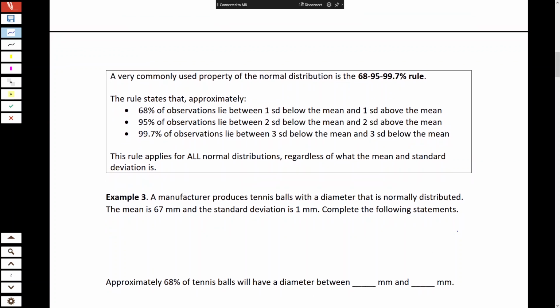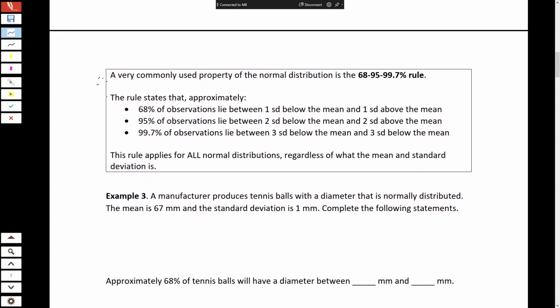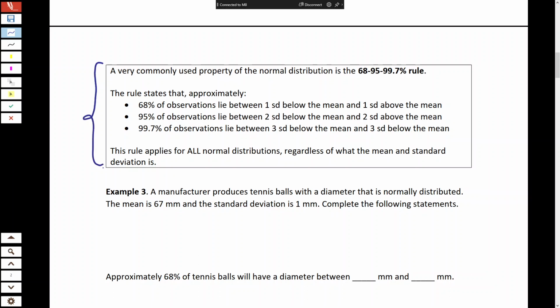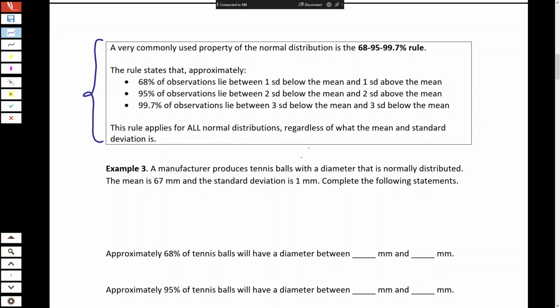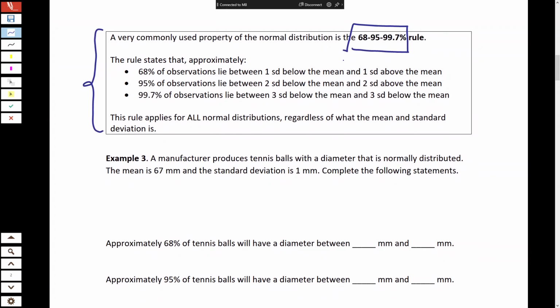All right, so this topic is all about this rule here. By the time we're done today, you will probably memorize this. You'll memorize the numbers 68, 95, and 99.7. Okay, so I'm going to read out the rule for you, and then we're going to do some calculations together.